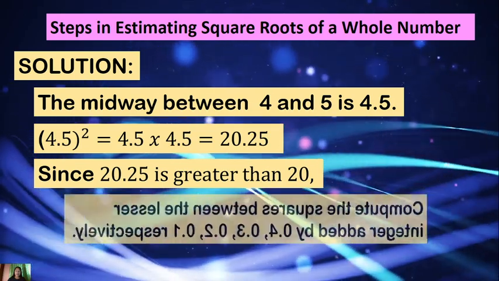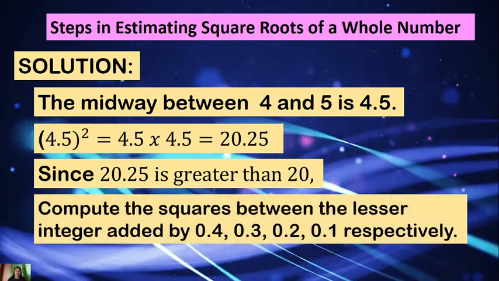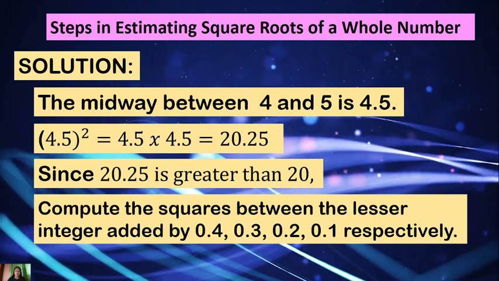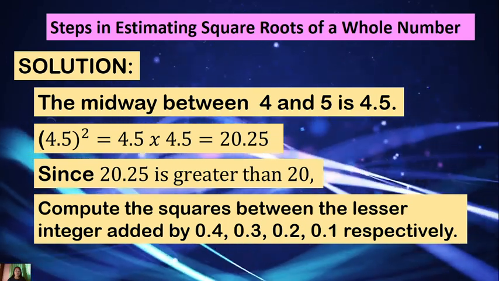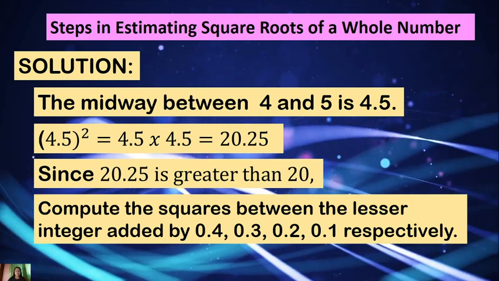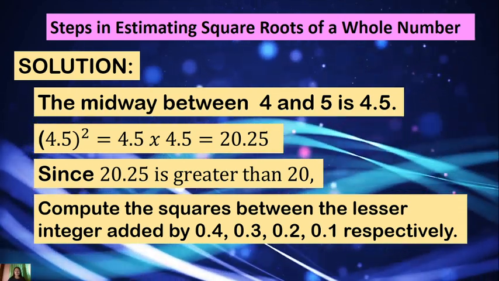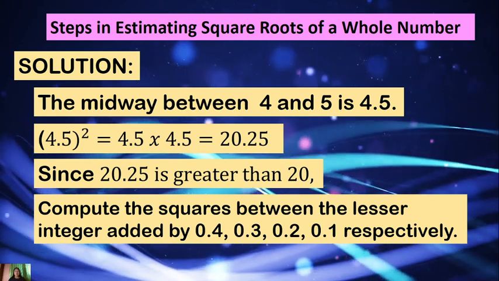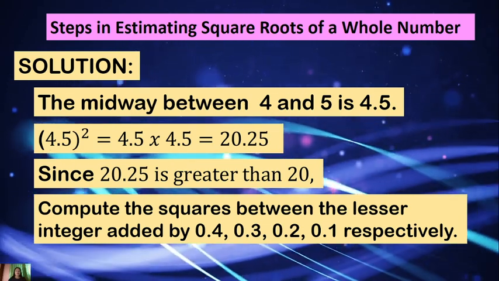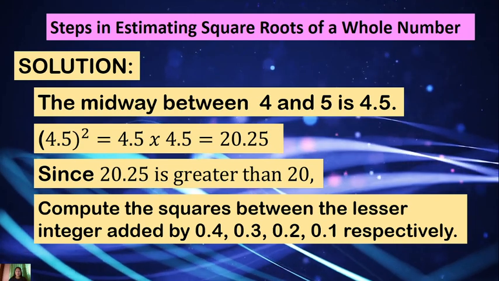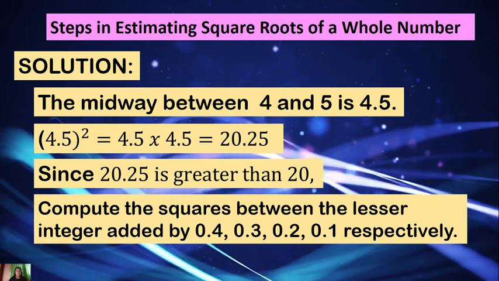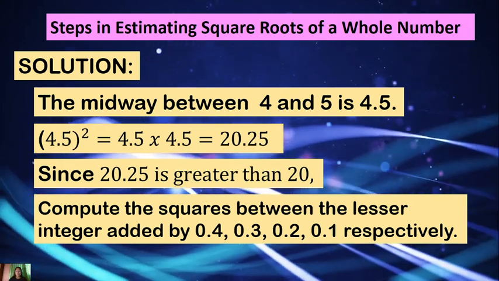And according to the step, compute the squares between the lesser integer added by 0.4, 0.3, 0.2, and 0.1 respectively. Why? Because the squared midway is greater than the given.